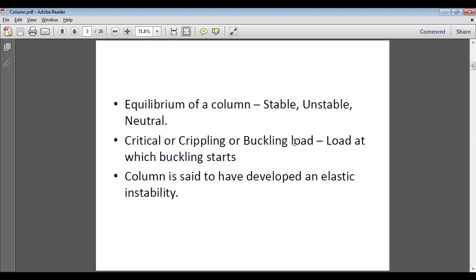An unstable column has a certain net value of force in one particular direction. For example, if we are supporting a column by 10 kilonewtons and the load exerted on it is 11 kilonewtons, then this 1 kilonewton is unbalanced, and this will disturb the whole balance.